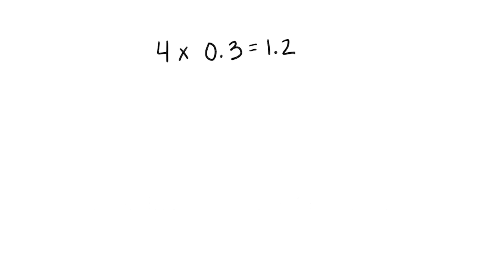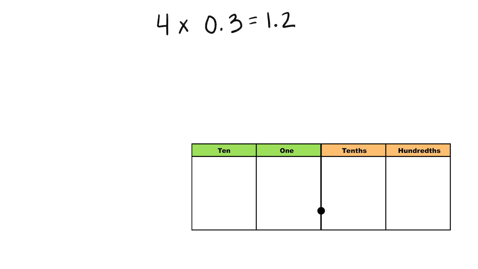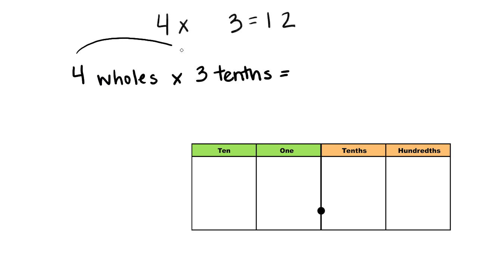Now solve the same problem using the place value chart. Start by decomposing the facts into base 10 words so that the digits 4 and 3 can be multiplied first before looking at the place value. 4 times 3 equals 12. Looking now at just the base 10 words, the problem says to take a whole times a tenth.